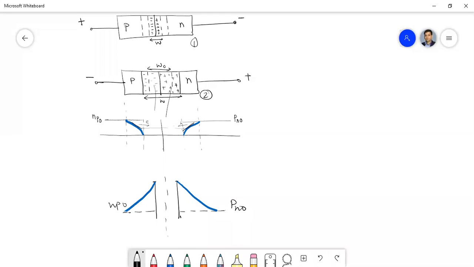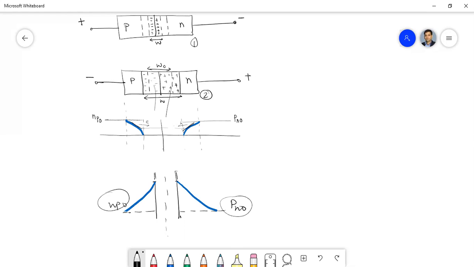This accumulation of the minority carrier along these regions is also called the carrier injection, that is defined as the excess carrier density above the thermal equilibrium value. So these are the thermal equilibrium values, and above this there is an excess carrier density. That is also termed as carrier injection.